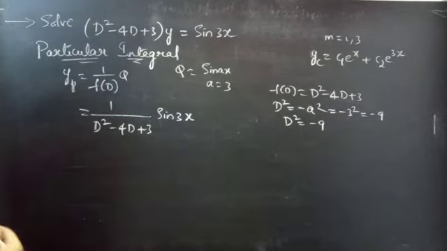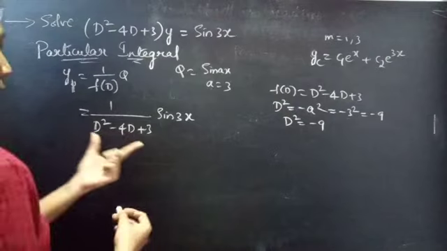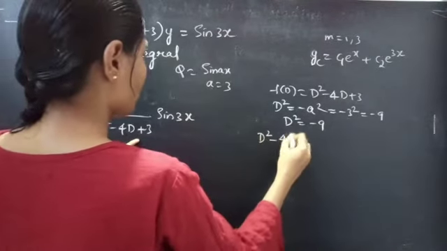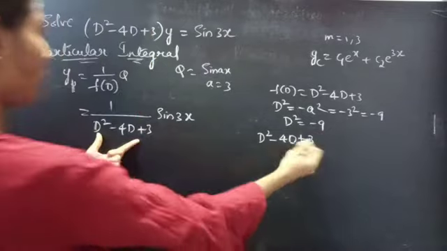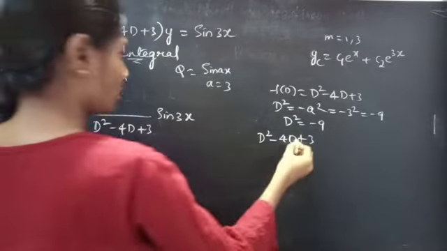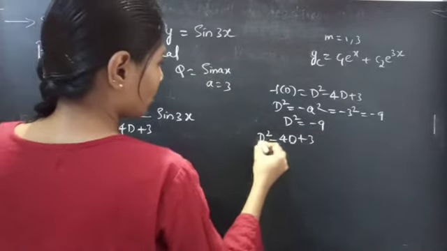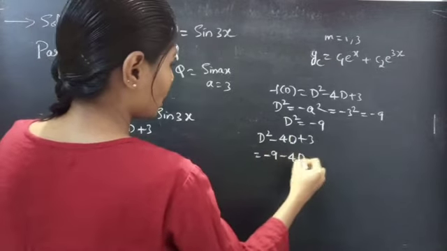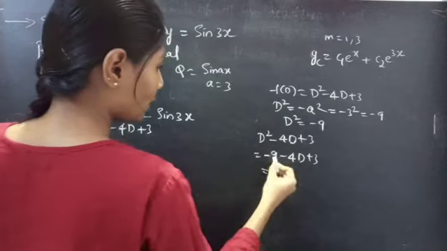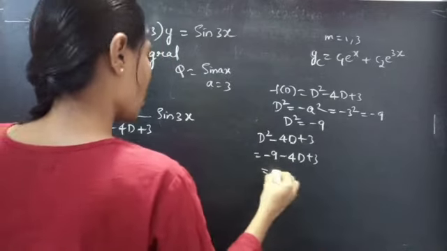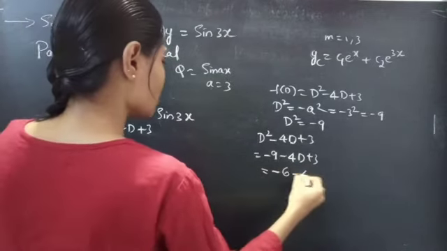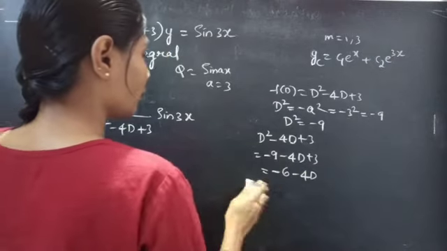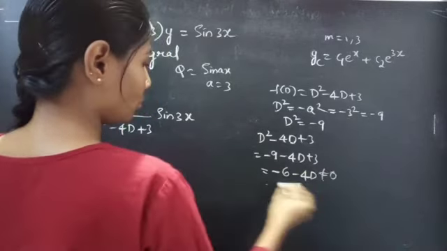Fine, now we'll see what we get when we substitute D squared in the denominator, that is in f of D. Replace D squared by minus 9, you'll get minus 9 minus 4D plus 3, which is minus 9 plus 3 is minus 6 minus 4D, right? Which is not equal to 0, right?